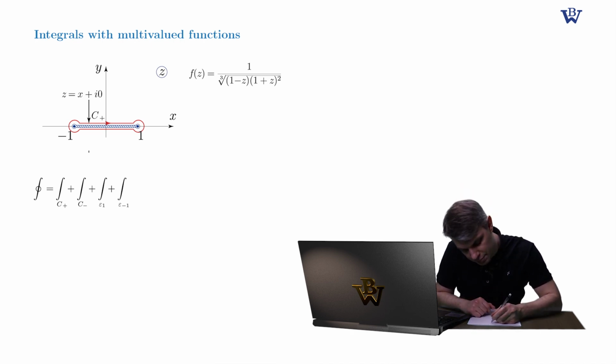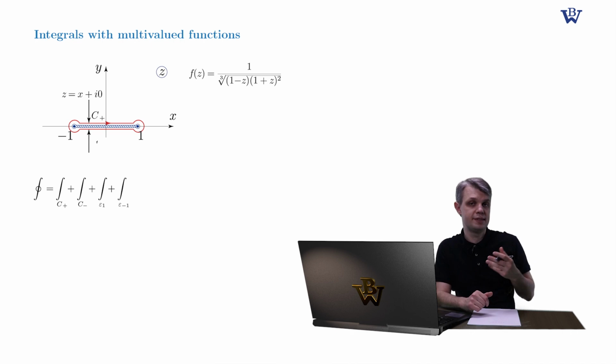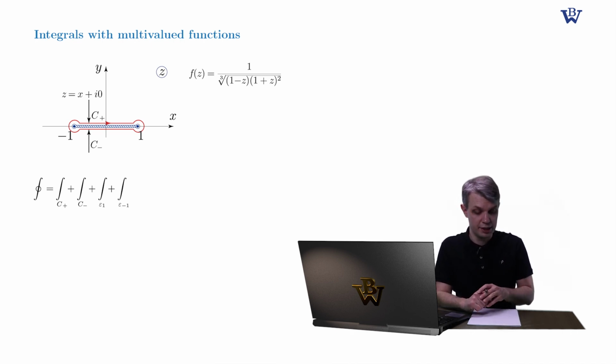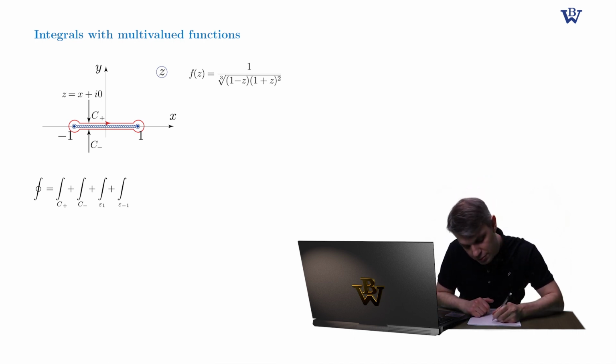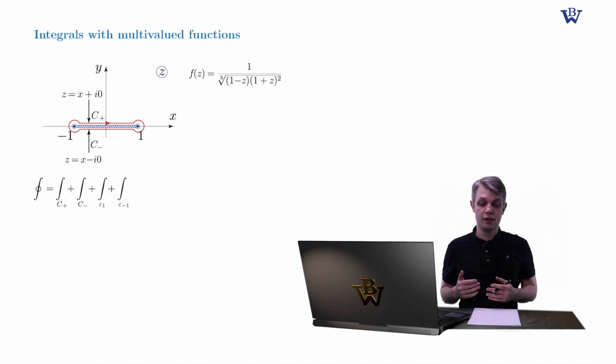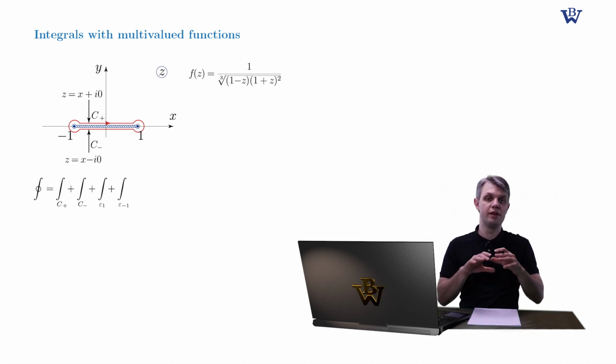Now its lower counterpart. It's the same type of integral, but running obviously along the lower bank of a branch cut. And the only difference from the first one is that its integrand should be taken at points z equals x minus I0. Together, these two integrals form the bar of our dumbbell.